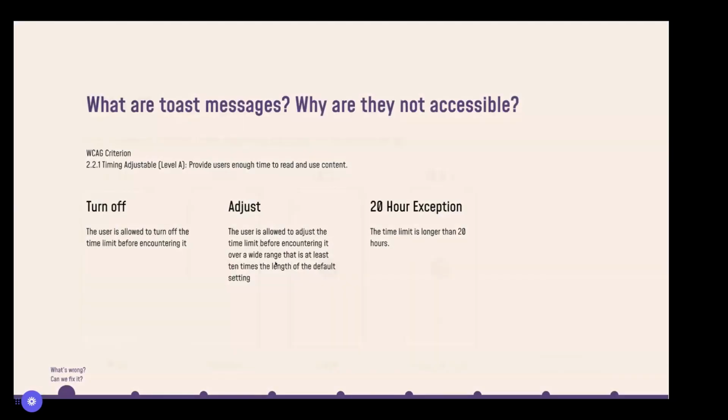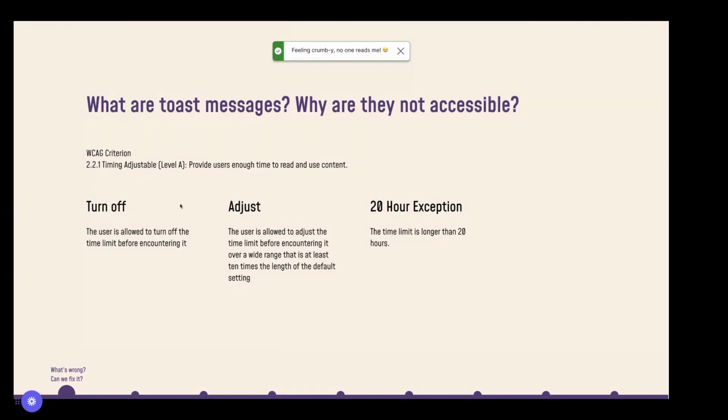This is why we started to investigate this small component, the toast messages, and see how and why they are not accessible. What can we do? If you notice that toast messages feel quite annoying and distracting, you might be right. They might have different challenges with focus order and with interruptions, like they are causing now while I'm trying to present. But the main issue for us was the timing adjustable one.